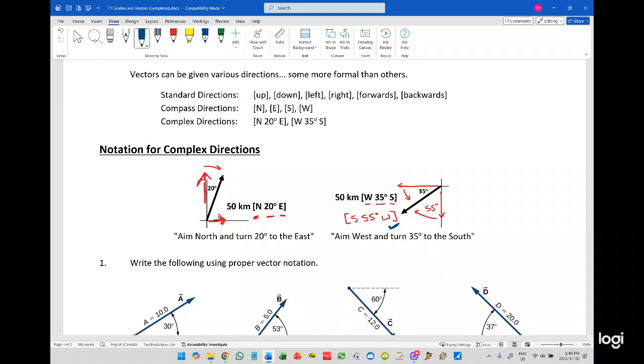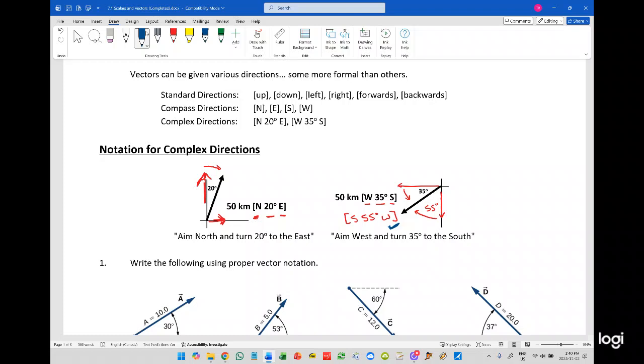Truthfully, on our tests, I don't care which form you use, and in fact, there will be one question that will ask you to do both forms, just to make sure that you understand how they're related. But my preference would be dominant direction and then a small angle towards a secondary direction.